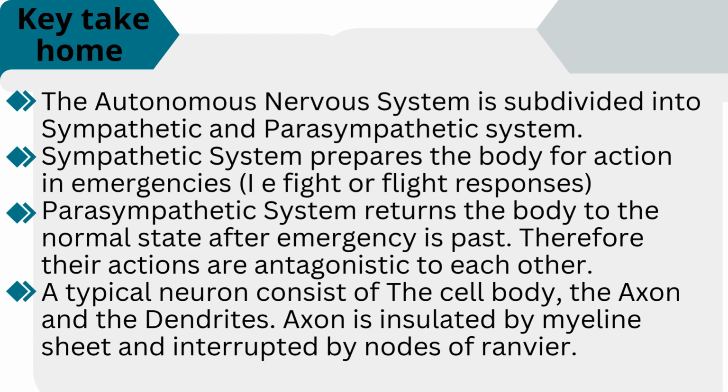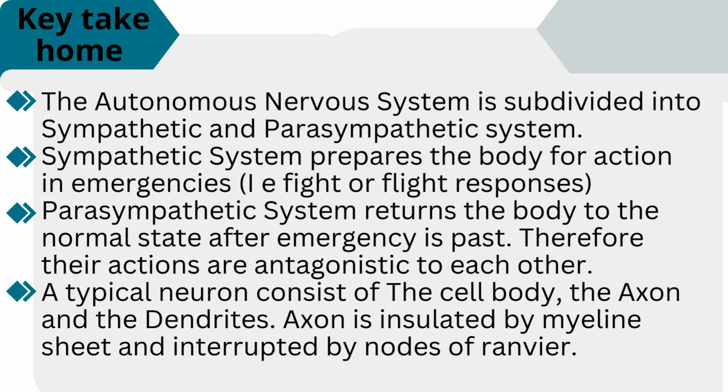We also learned in this lesson that neurons are the basic functional units of the nervous system that help to receive and transmit impulses and response. A typical neuron consists of the cell body, the axon, and the dendrite.